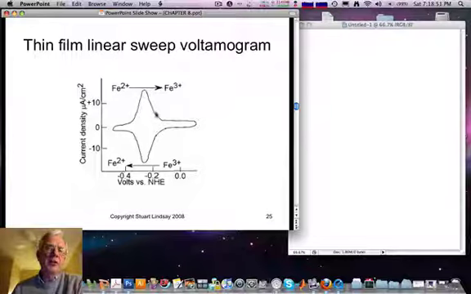The reaction rate falls as you start to saturate the solution with iron 3+, and then when you sweep back again, you see the peak for the reduction, the current increasing now as you start to turn iron 3+ into iron 2+, being a maximum when the two species are exactly in equilibrium.